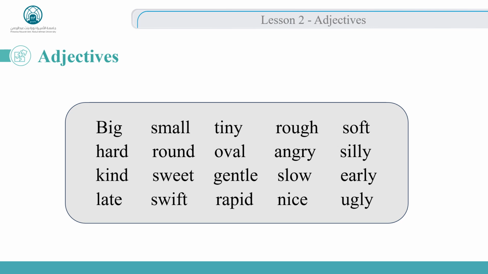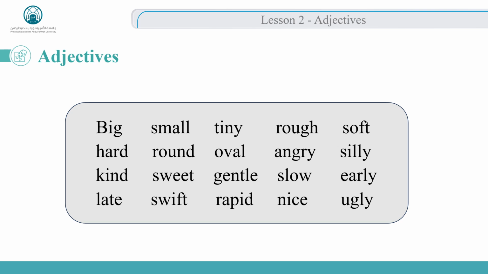There is a large number of adjectives in the English language. Let's have some examples. Big, small, tiny, rough, soft, hard, round, oval, angry, silly, kind, sweet, gentle, slow, early, late, swift, rapid, nice, ugly.